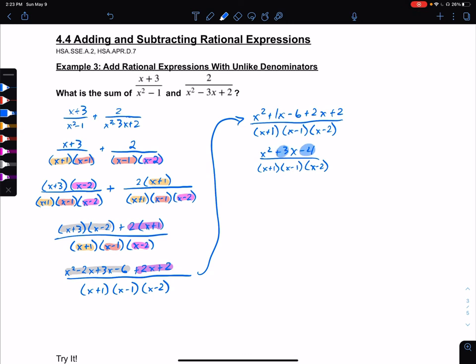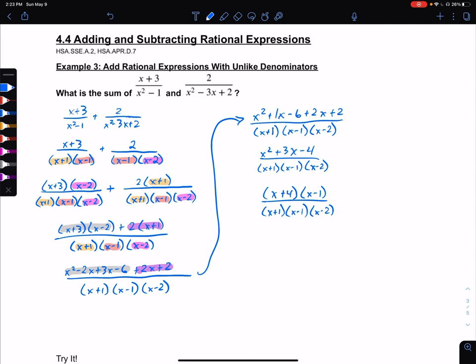Is this factorable? Well, in fact, it is. So this can be factored into x plus 4 times x minus 1, and that would all be over x plus 1, x minus 1, x minus 2.